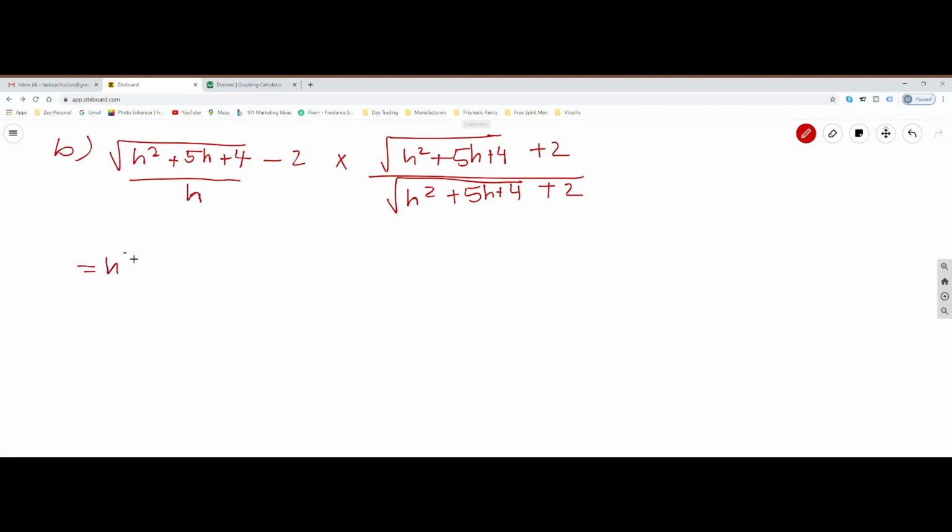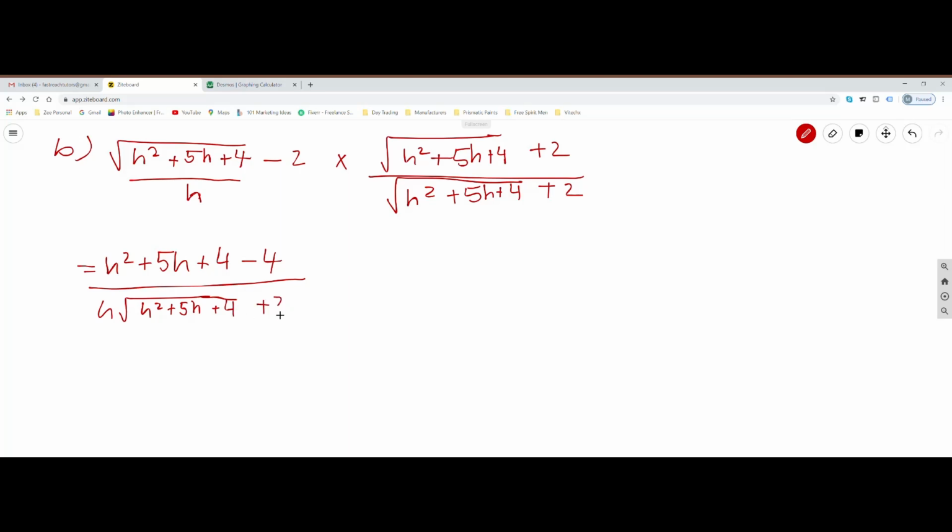So 8 squared plus 5h plus 4, and minus 2 times plus 2 is minus 4, over h and square root of h squared plus 5h plus 4.